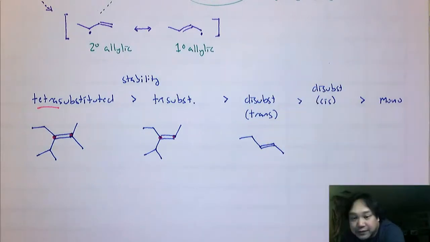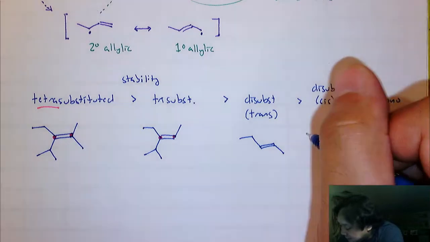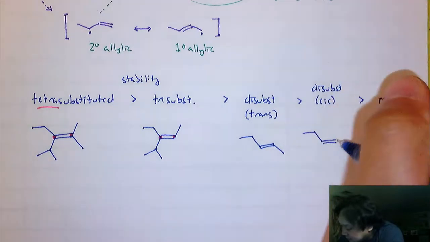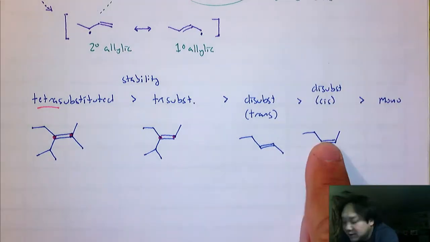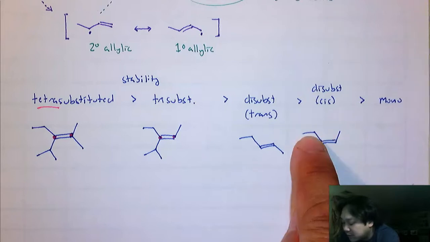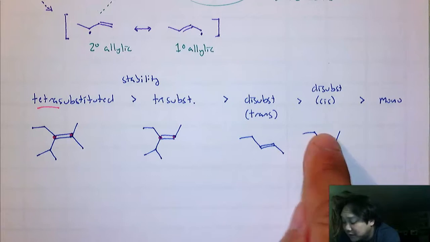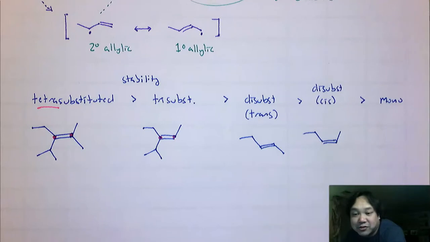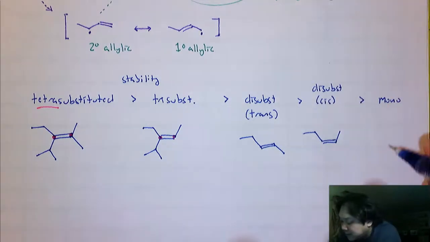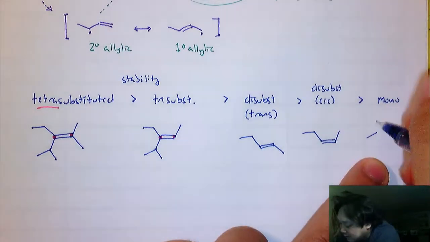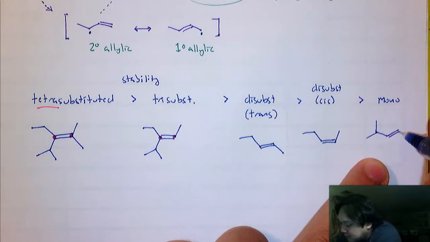Okay, versus di-substituted cis, which is a little less stable because of sterics. Those 2 carbons with their hydrogens, particularly the hydrogens, are very close to each other when you force the 2 groups to go in the general same direction. Then mono means your double bond is at the end of a chain. That's mono.